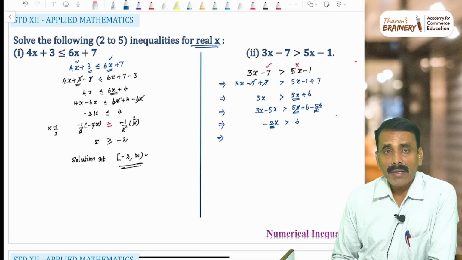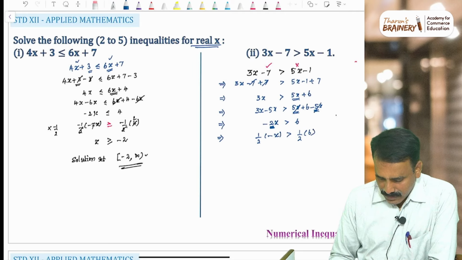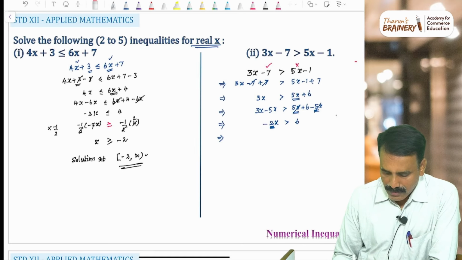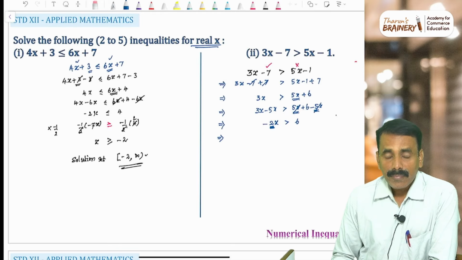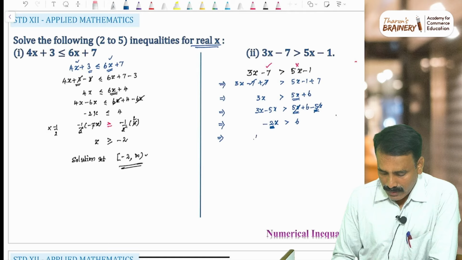So we have to multiply by the multiplicative inverse of 2, which is nothing but 1 by 2. So 1 by 2 into minus 2x, strictly greater than 1 by 2 into 6.